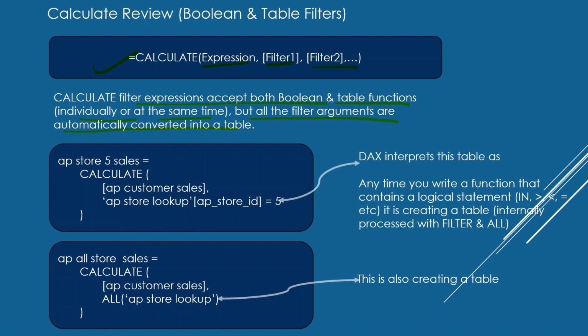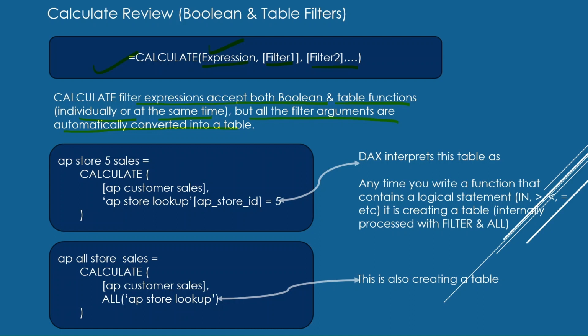Whenever we use an expression in the CALCULATE function, this function can accept a Boolean expression as well as a table expression. We can give them individually or we can provide them at the same time.